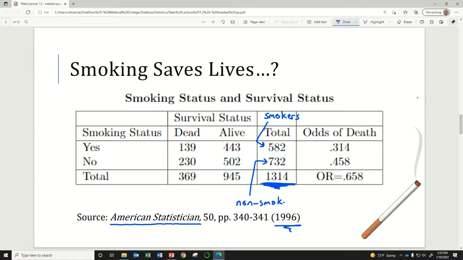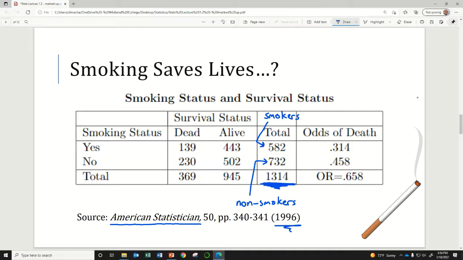And they watched these 1,314 people for I think a period of something like 10 years or maybe 15 years. I can't remember how long, but it was a pretty significant time period. And they counted at the end of the time period how many were dead from each group.